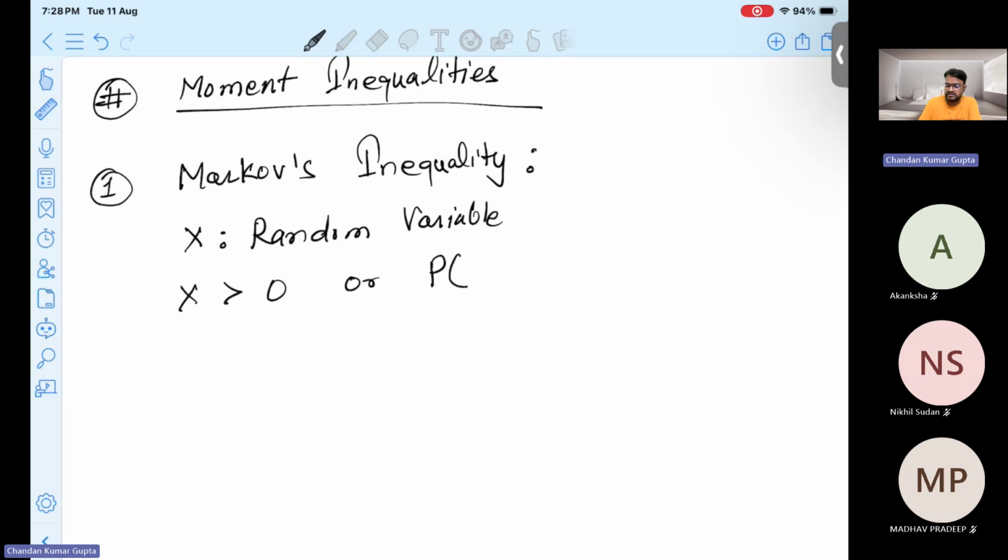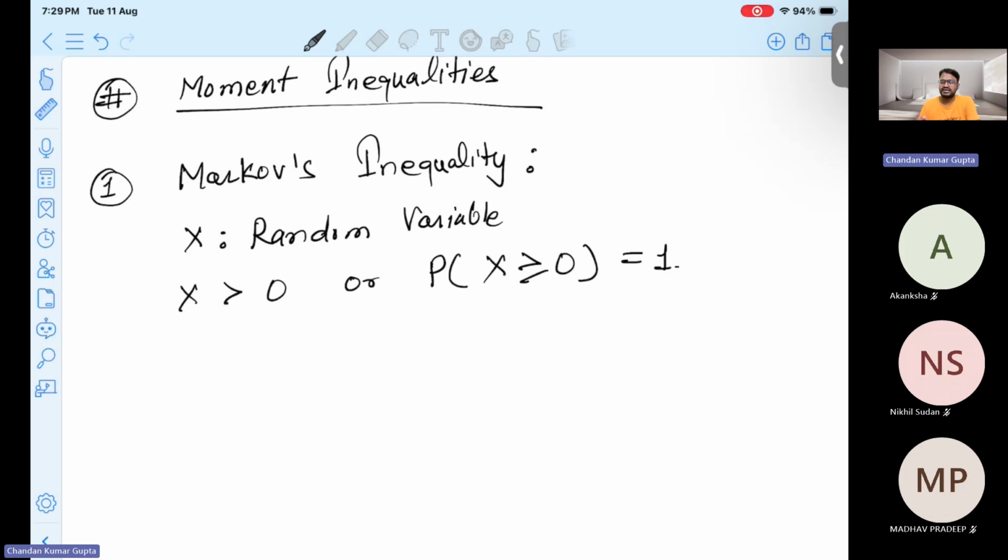We can write probability that x is greater than or equal to 0 comes out to be 1, so both have a similar meaning. That means the support of x is greater than or equal to 0. There is no negative value associated with the random variable.